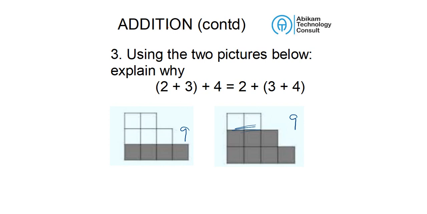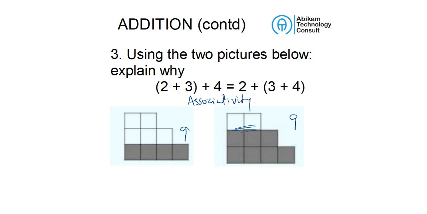So what do we call this in mathematics? That is associativity property. What we have only done is we have changed the order in which we have added. Don't forget the first one, commutativity, we flip the figures. The second one here, we are changing the order.